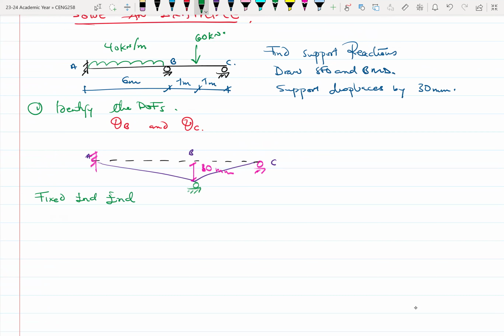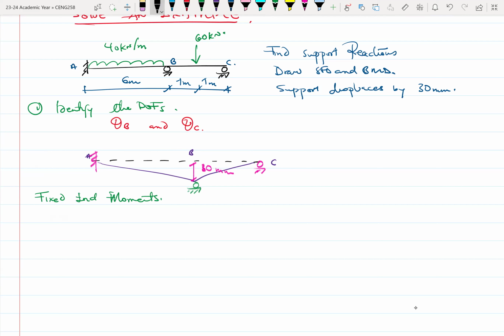In your online materials, you'll see a PDF on fixed end moments that gives you a table of how to calculate them.